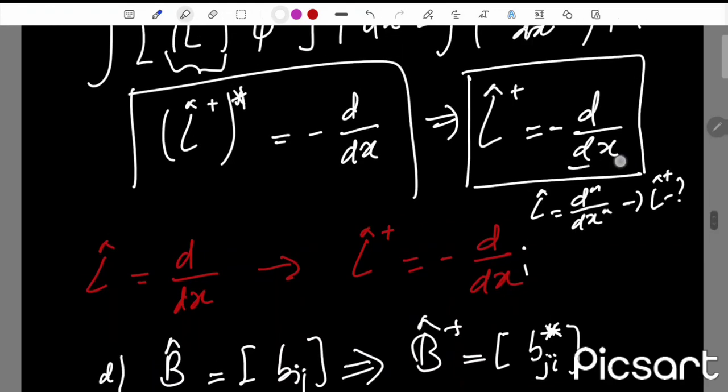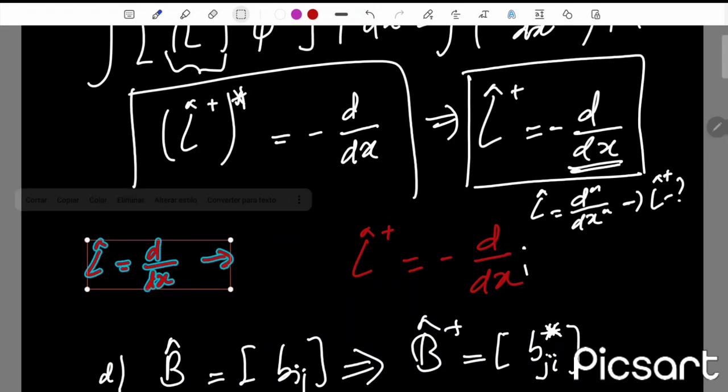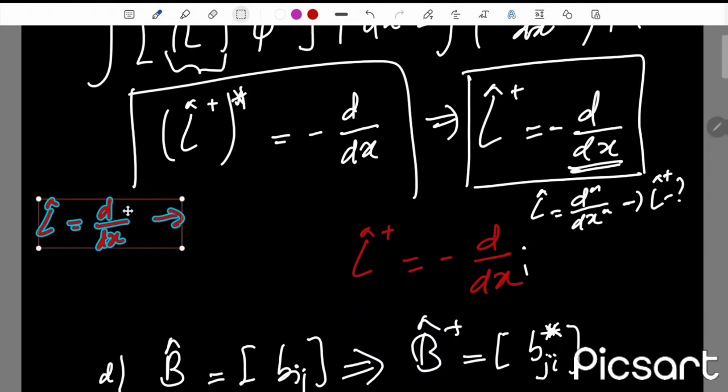As we saw here, I must reduce this and take it there.